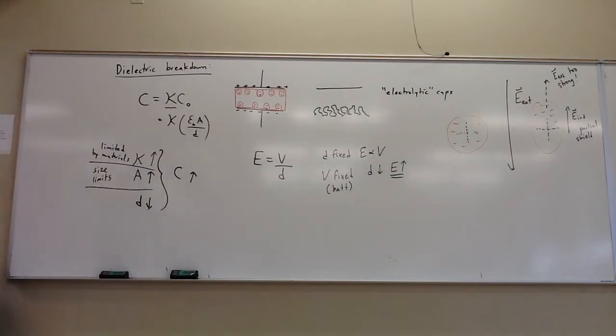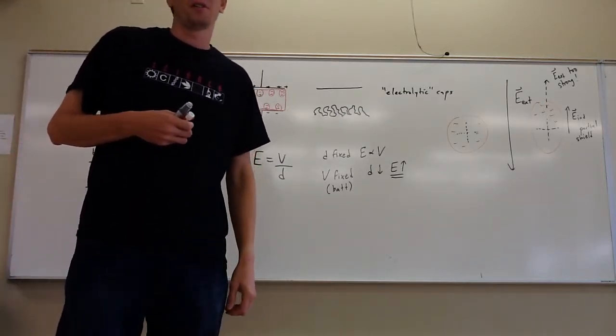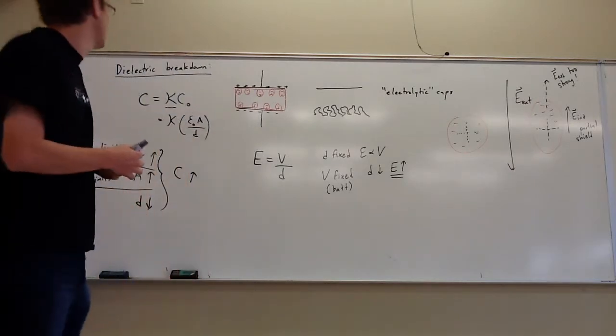And suddenly you have a bunch of free electrons where there were no free electrons. You've turned bound electrons, electrons that belong to that nucleus, into up for grabs, right? And that's what we call dielectric breakdown.